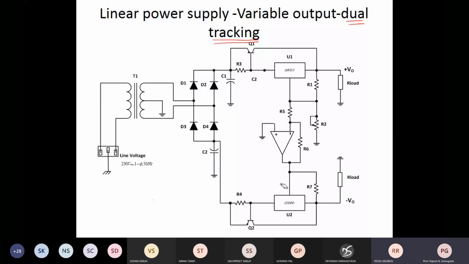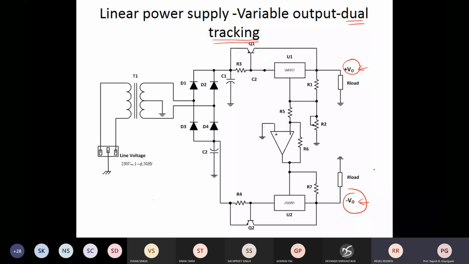So my output voltage, rather this negative voltage, should track the positive output voltage. So if I change this, this should automatically change. All right. Okay, up to this point. Is it okay up to this point?